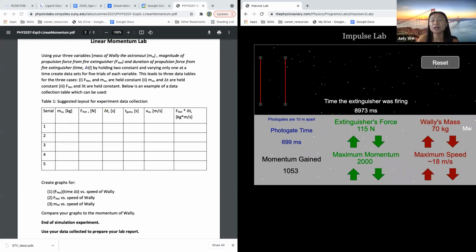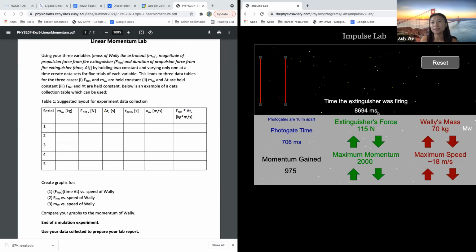My computer is super slow. I hope I didn't make much error when I tried to reset. So 8973. We try to do another, recording the same amount of time, shutting off the fire extinguisher and activating. See, it's not identical, but it's very close.